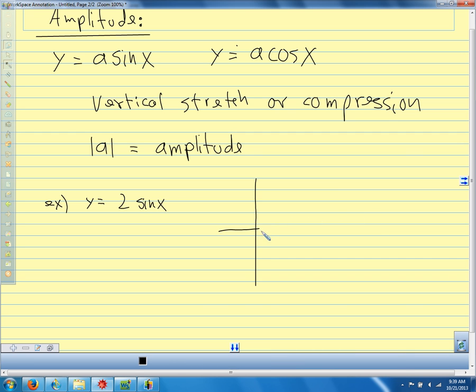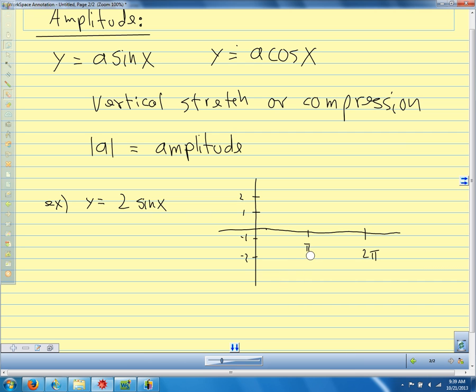And we're just using what we know about transformations of graphs. So this is how I would sketch a graph by hand. I would say that's 1 and that's 2, -1, -2. I know my period is 2 pi, so I'm going to put a mark out here. This is going to be 2 pi, and I know that every quarter of a period I'm going to have important points.